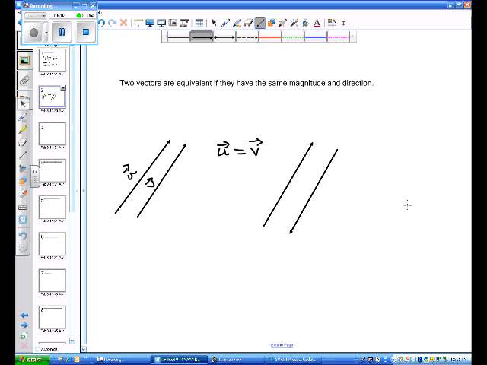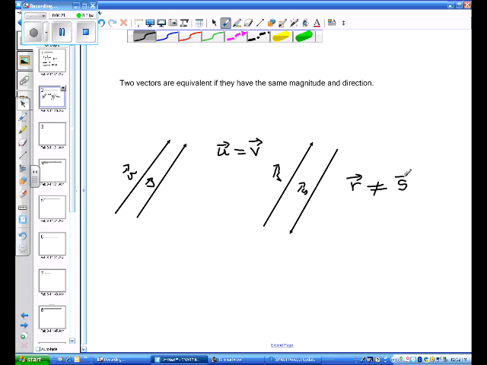Okay, these have the same magnitude, but they don't have the same direction, so these vectors are not equivalent. So vector r is not equivalent to vector s because they have different directions. So we can talk about vectors being equivalent.